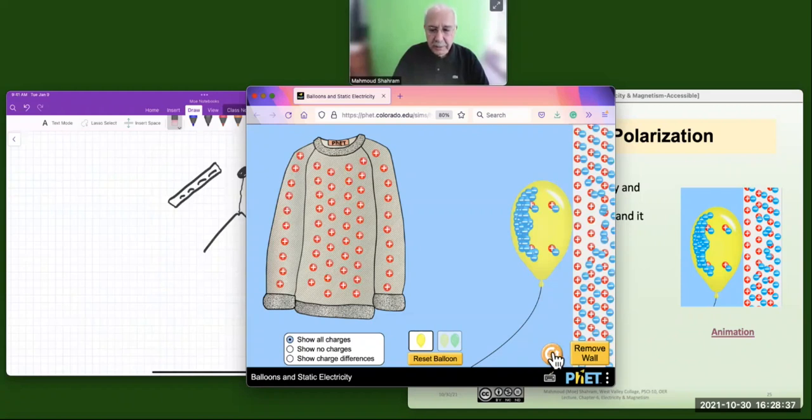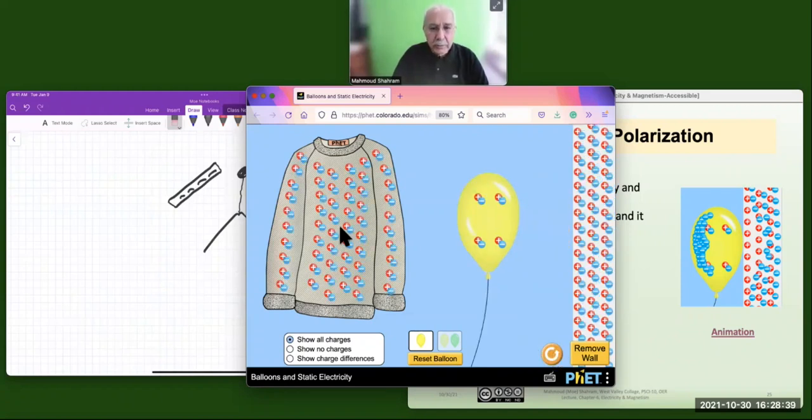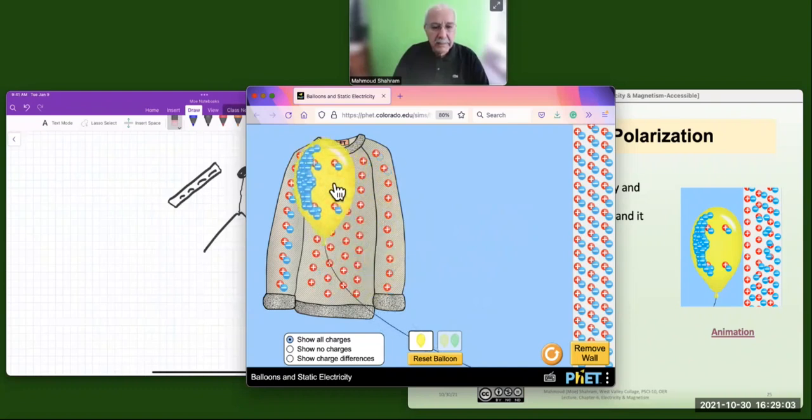Let's do this again. Normally your sweater or your hair is neutral because they have the same amount of positive and negative charges, and the same thing for the balloon, and the same thing for the wall, it is neutral. So when I rub against this, I'm taking a lot of these negative charges and making the balloon negatively charged.